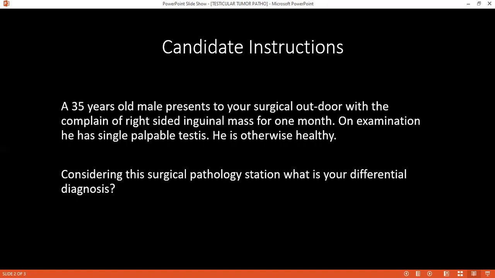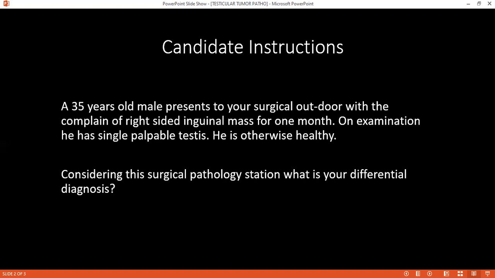What is the most common location of undescended testes? Most common location is the inguinal ring, inguinal canal. How would you differentiate between ectopic testes and undescended testes?